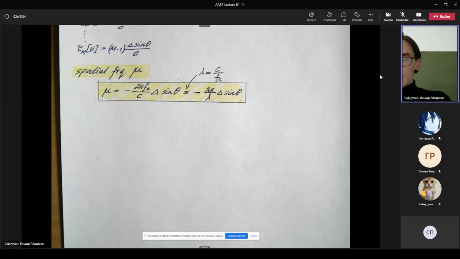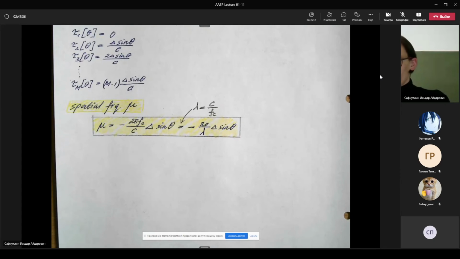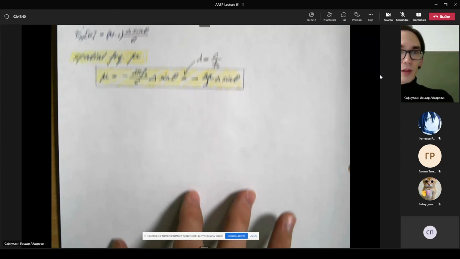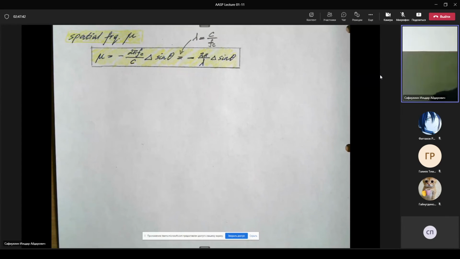Based on these taus, tau 1, tau 2, tau 3, up to tau m, we can rewrite our steering vector in the following way, and also using spatial frequency, of course.